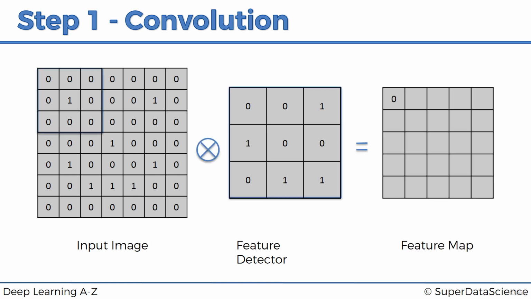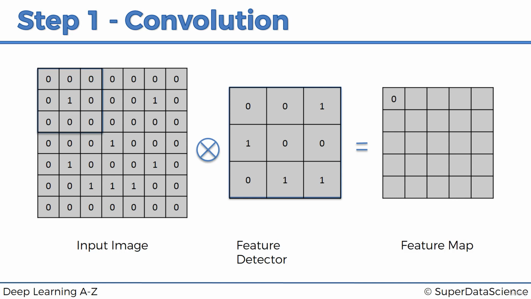And a convolution operation is signified by an X in a circle, just as you saw in the formulas before. On an intuitive level, thinking about what is actually happening in the background rather than the mathematics, you take this feature detector or filter and put it on your image like you see on the left.